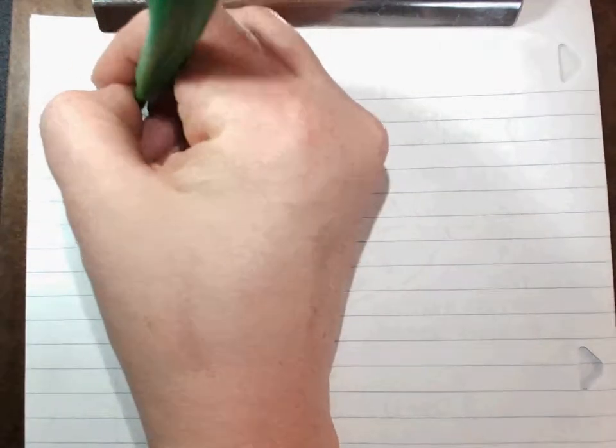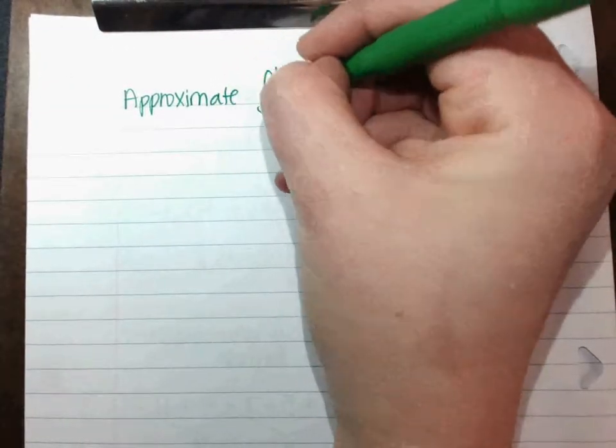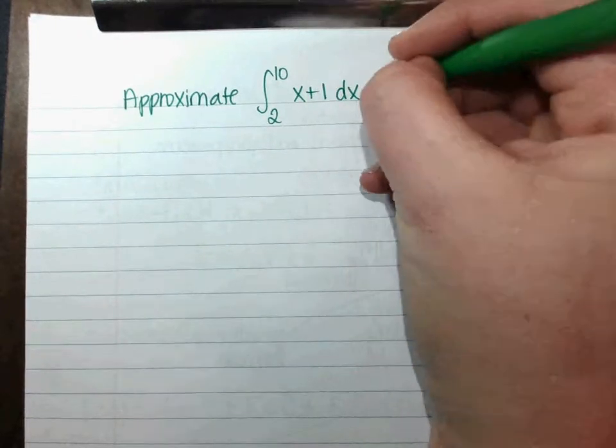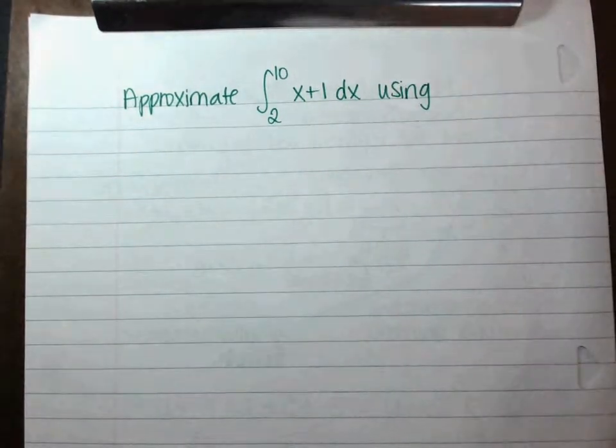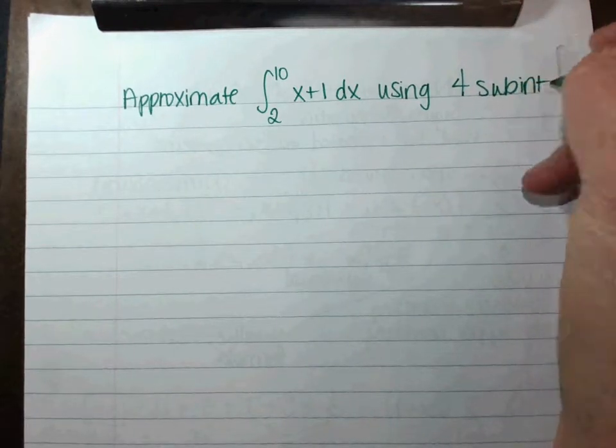Alright. So I would like for you to approximate the integral from 2 to 10 of x plus 1 dx using 4 subintervals.